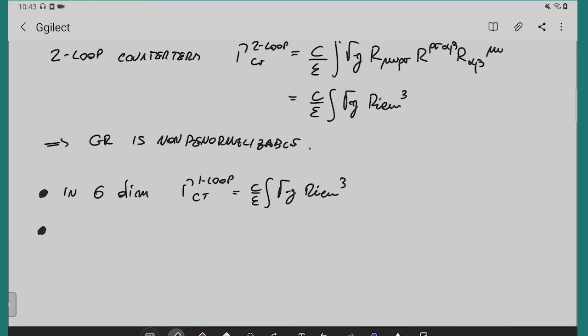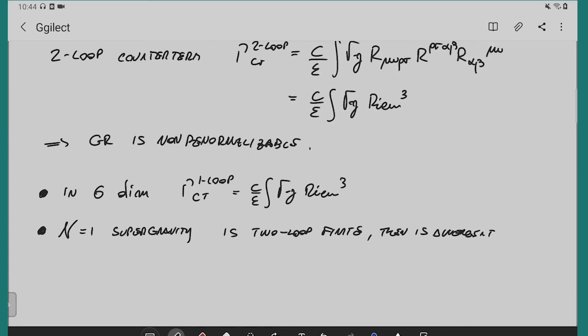You can think of using supersymmetry. N equal 1 supergravity is two-loop finite. But from three loops it is divergent and non-renormalizable.